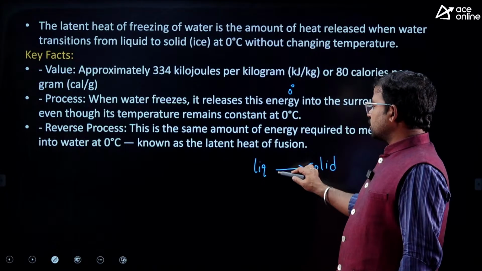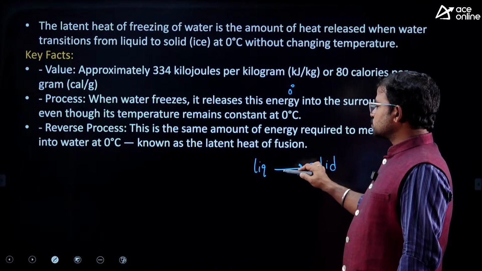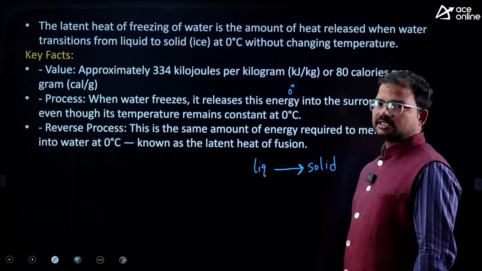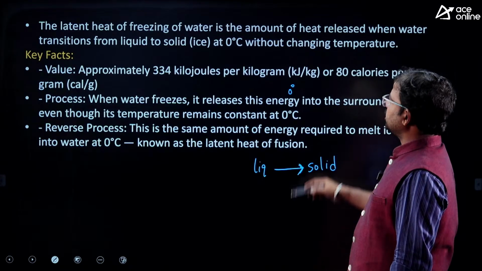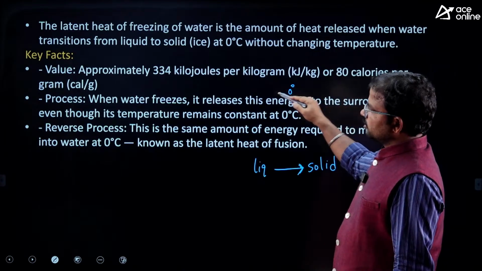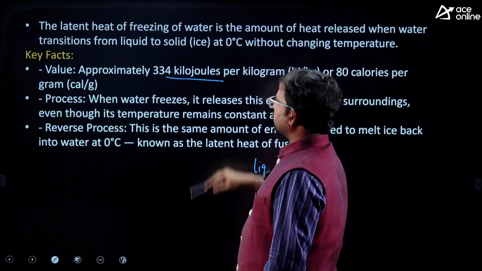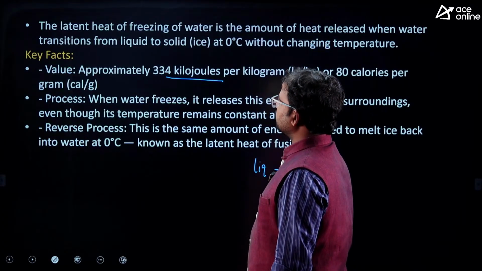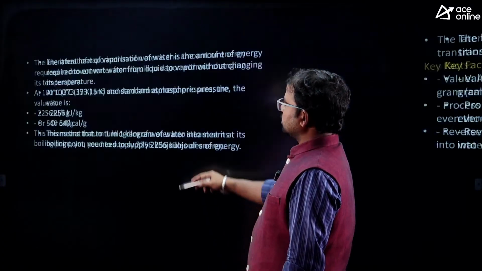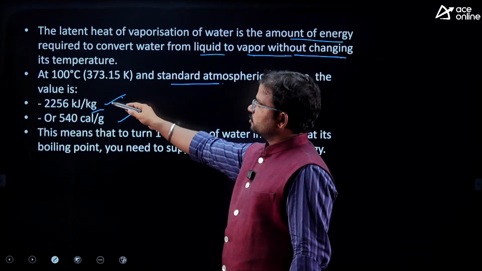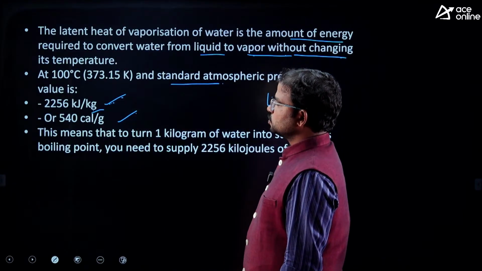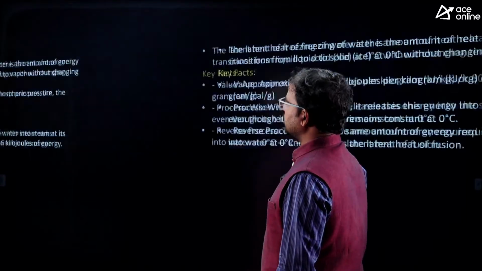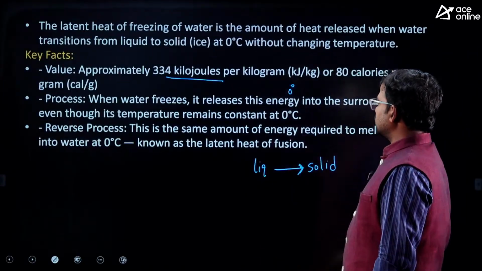To convert liquid to solid, energy must be removed, and that energy is nothing but the latent heat of freezing. This is the value for that: 334 kilojoules per kg. But the latent heat of vaporization is 2256 kilojoules per kg.